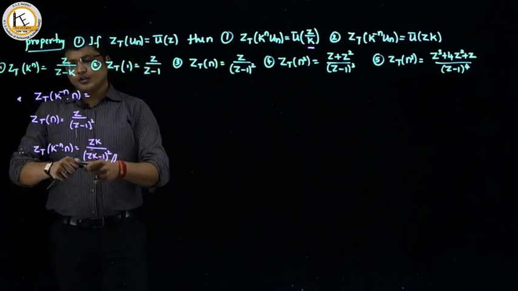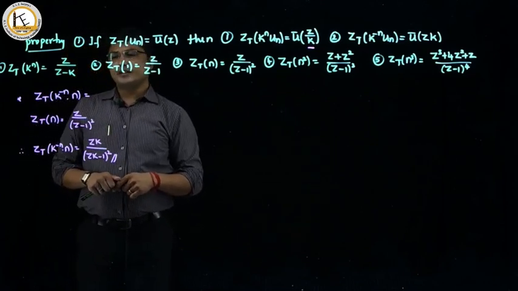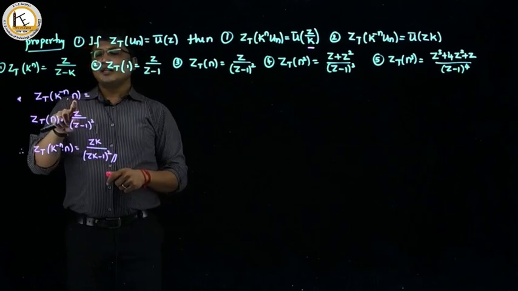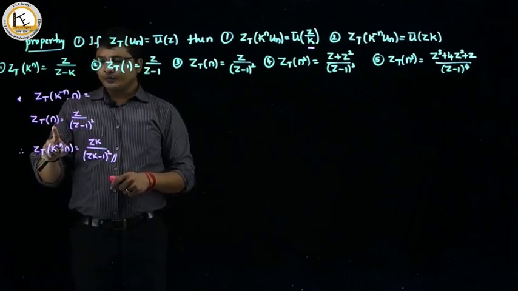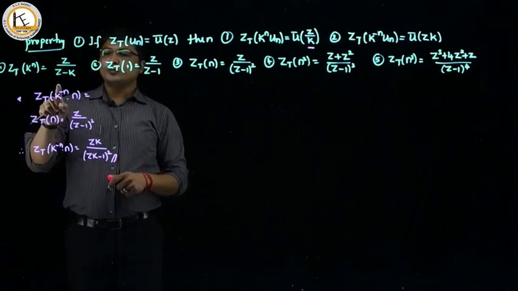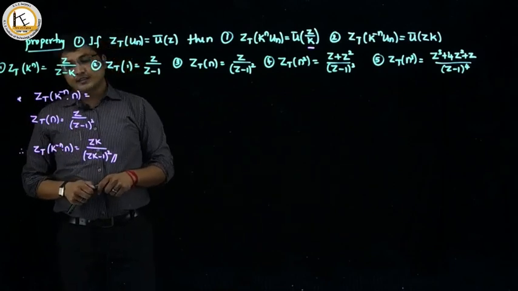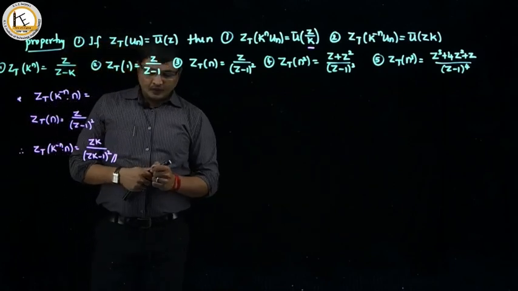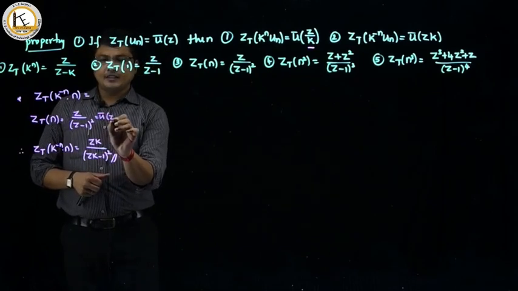So definitely we got the z transform of k raised to minus n into n. It's very simple. Just take un separately, find out the z transform of un, and later to find out the z transform of k raised to minus n into un, just replace z as zk. That's the procedure. So obviously this is nothing but u bar of z every time.